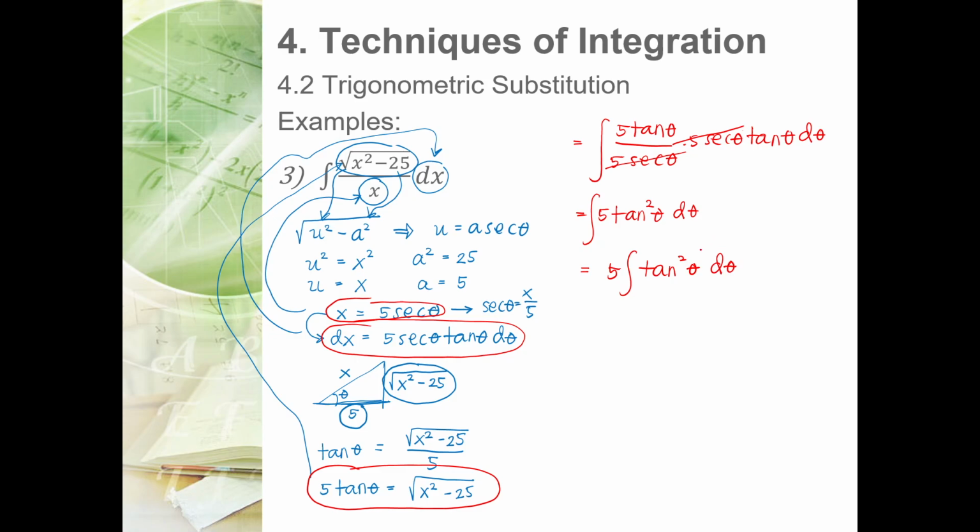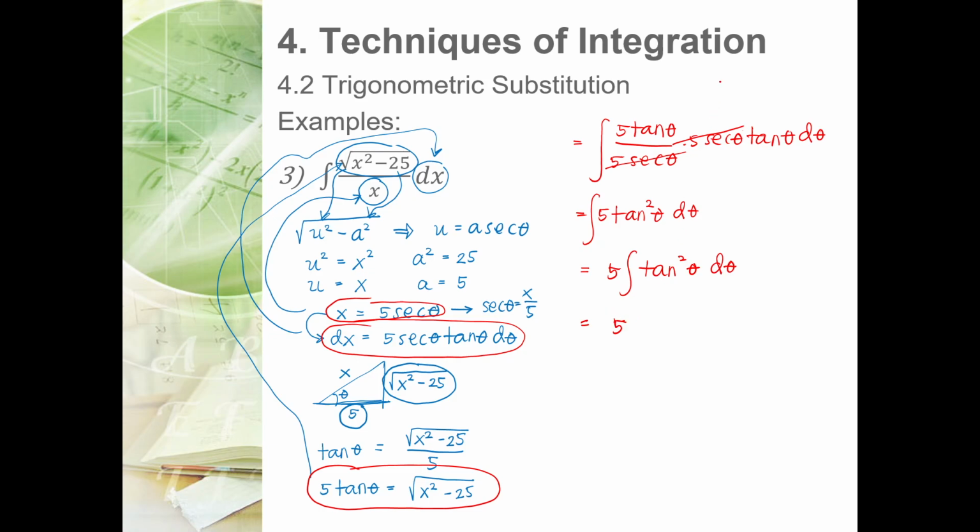Okay, so if you don't know or if you've forgotten how to integrate tangent squared, this is type B. I think it's case 2, or case 1. So we replace this one with its corresponding Pythagorean identity.